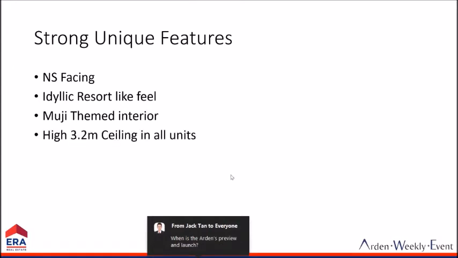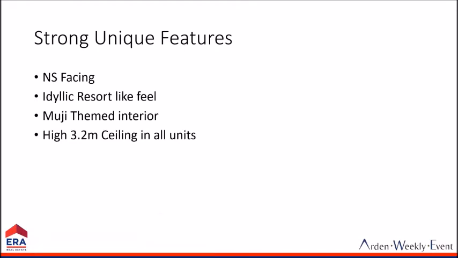Now, high ceiling of 3.2 meters. This is something I will blow in their faces. I will just tell them it's a 3.2 meter ceiling in all units. Why 3.2? Can anyone tell me? Other than Phoenix Residences, which is on top of the hill beside us, any of the other new launches now has a 3.2 meter ceiling?